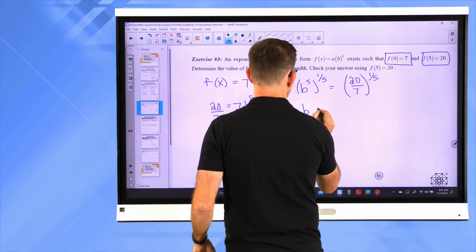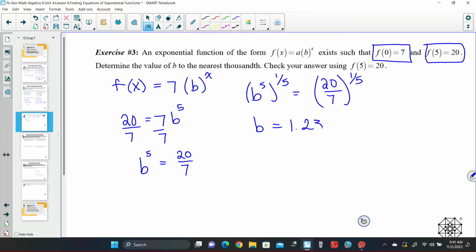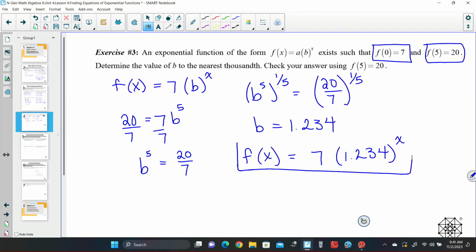So b is 1.234. So in theory, our exponential function is f of x equals 7 times 1.234 to the x. Now, granted, they just said find b.